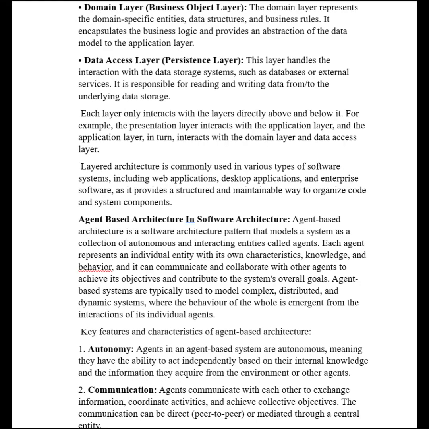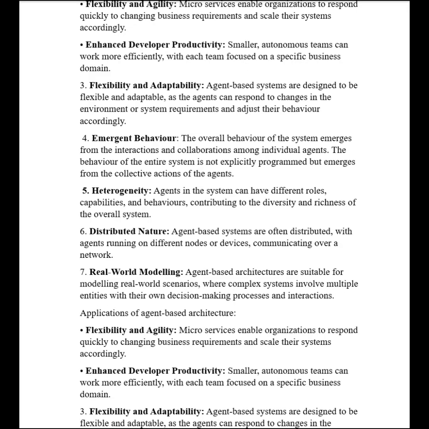Fifth, data centered architecture. Here, data is the central focus. All components access and update a shared data repository like a database. Used in database systems, data warehouses, analytics platforms. Advantages: consistency, flexibility, and maintainability. Sixth, agent based architecture.